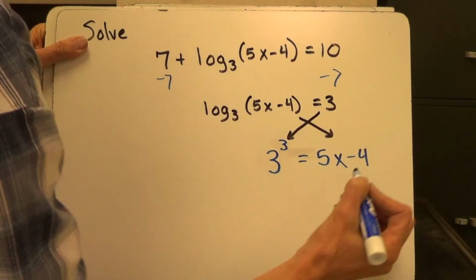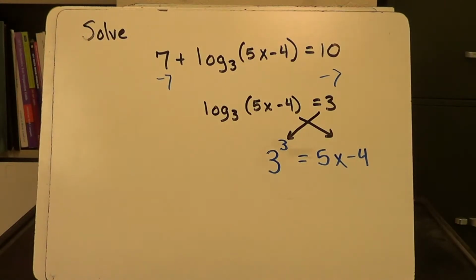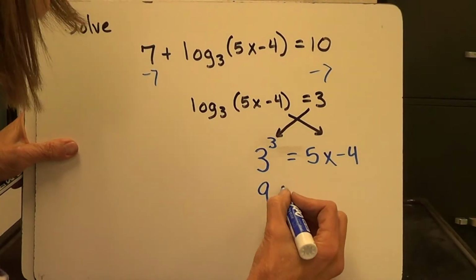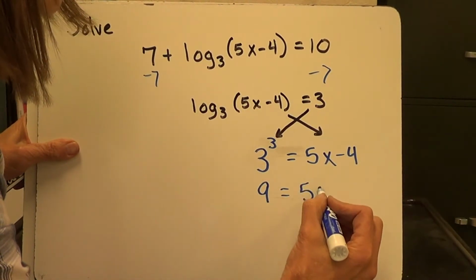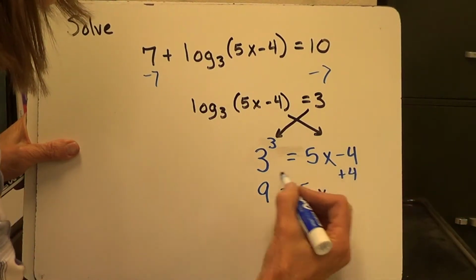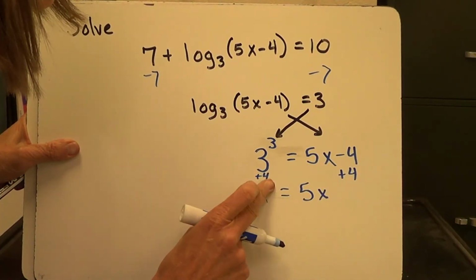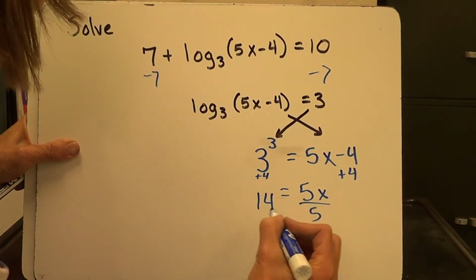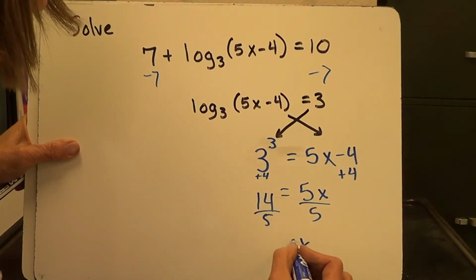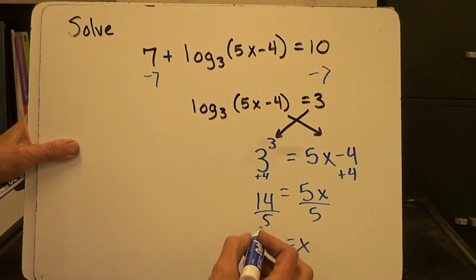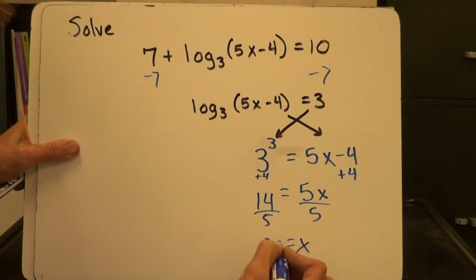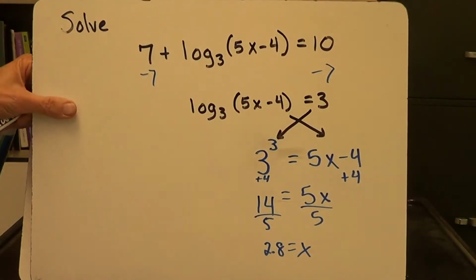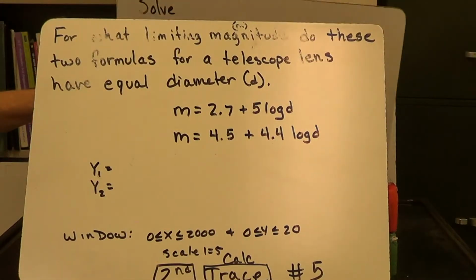Sorry about that, I was just thinking of another direction you could go with it, but this is a much better one. 9 equals 5x minus 4. We would add 4 to each side and get 13. Divide by 5 on each side and we would get x equals about 2.6. Make sure to come to class with questions.